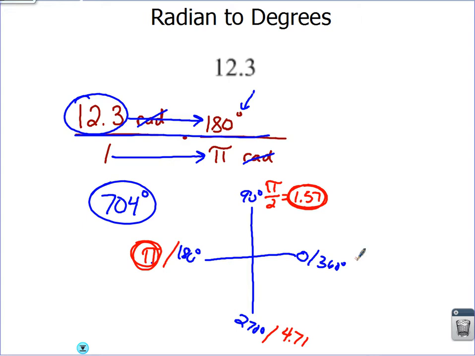And then you've got 2 pi, which is about 6.28 radians. So we're looking for 12.3 radians. So do you see that if this is 6.28, 12 point something would be nearly 2 rotations, which kind of checks out. 2 rotations would be 720 degrees. So 704 degrees would be slightly less than 2 rotations.